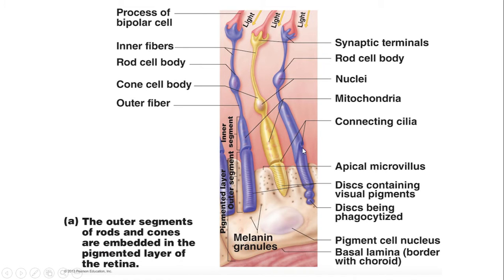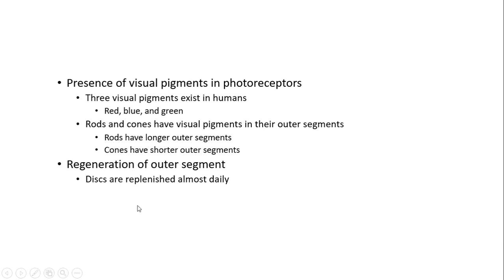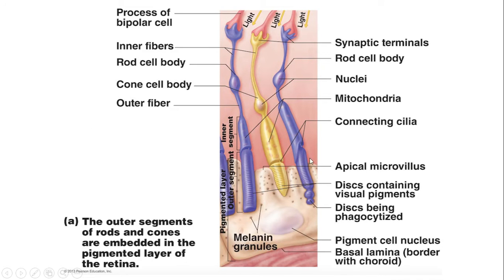And this is not really much for memorization, but because there is regeneration of the outer segment and these discs are replenished almost daily, it really just has to do with these discs being sent to the tip here, and then fragmenting off, and then they get phagocytized by these pigmented cells, and then new discs are regenerated at the cell body, and they just send it down.